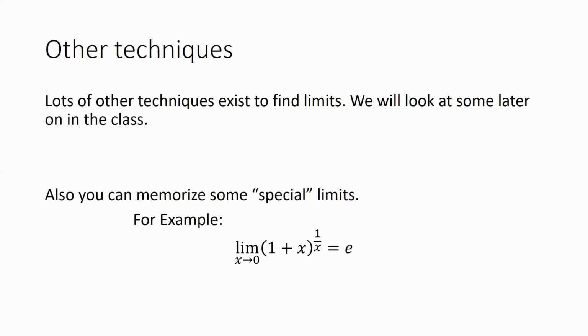So this is the limit for e. This is a good example of a special limit, one that certain people just know off the top of their heads. So I don't expect you to memorize a lot of special limits, but I just want to state that they are out there. And if you go on further into math courses, you will come across some of these limits that you just know.